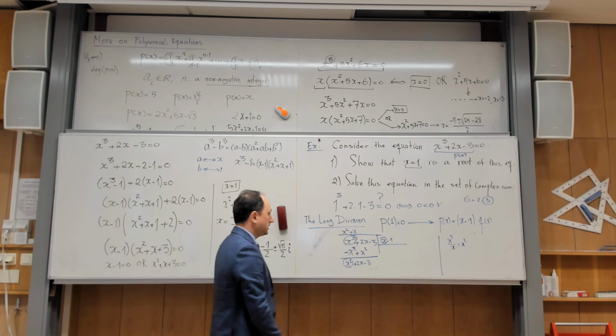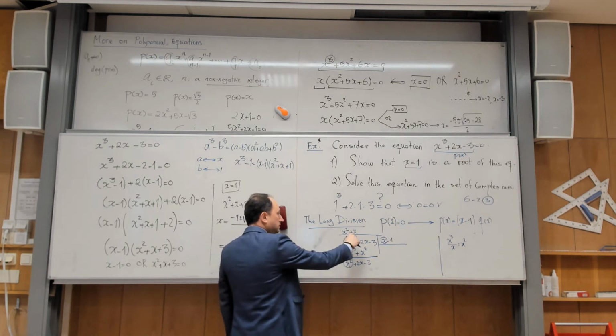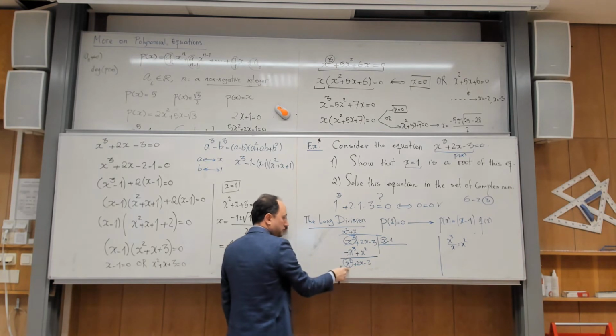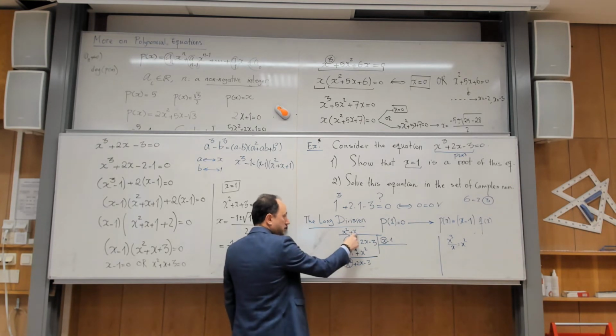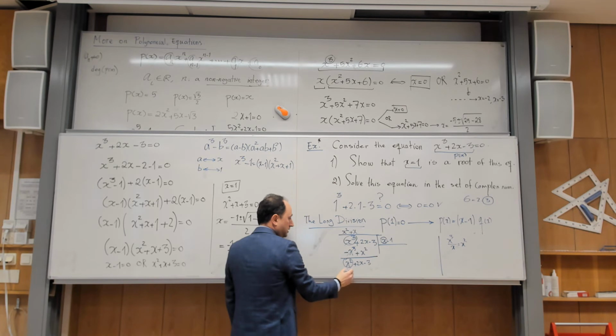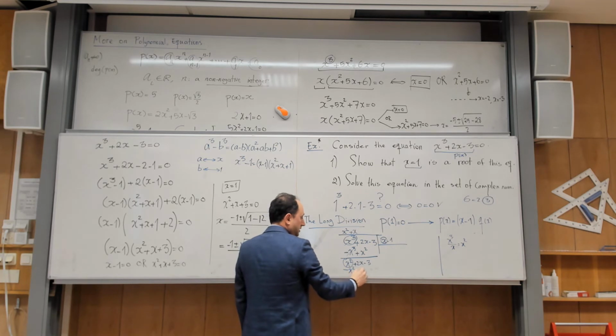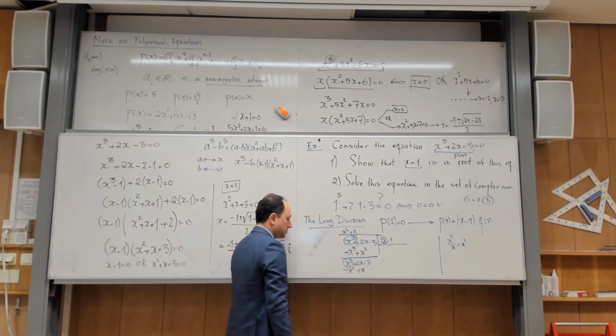So you put positive x there. And then you multiply positive x here and there and write it with opposite sign here. So x times x is x squared, but you write negative x squared. x times minus 1 is negative x, but you change the sign and you write positive x.